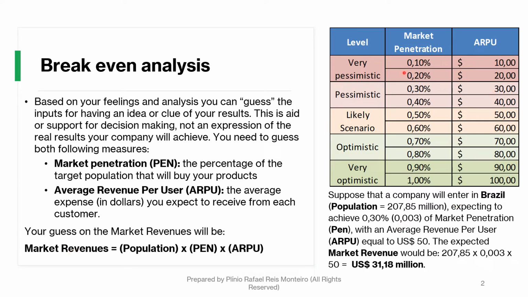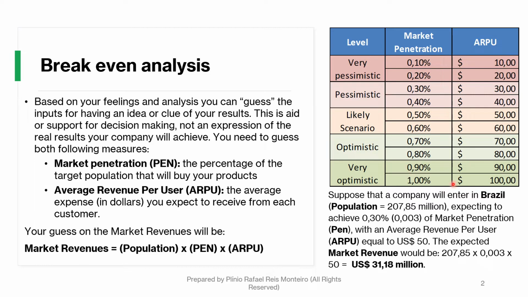In that case, we have different levels to make these tests. If you choose very low levels of market penetration, you're assuming a very pessimistic approach. If you choose high levels of market penetration, you're assuming a very optimistic approach. The same goes for the average revenue per user. These numbers are based on previous experience in your business.